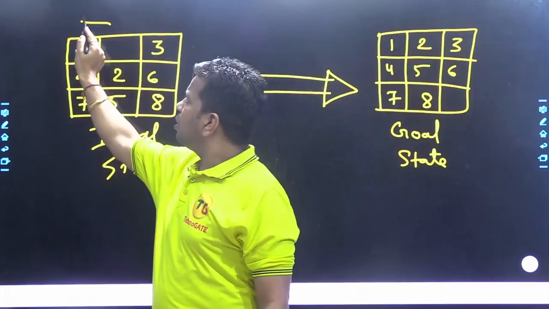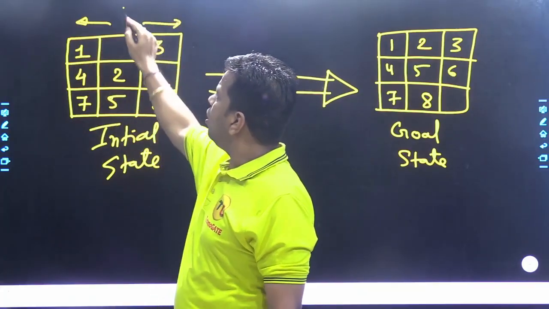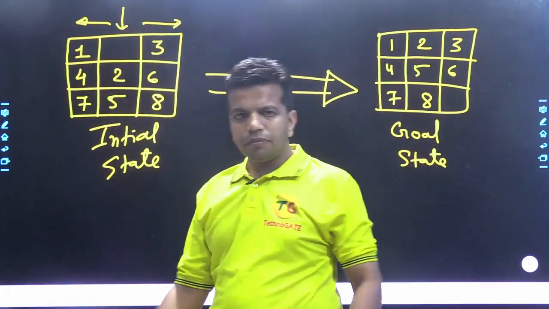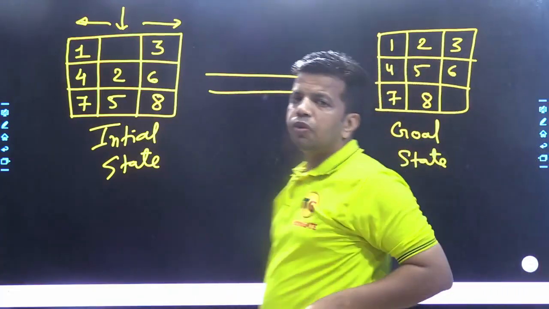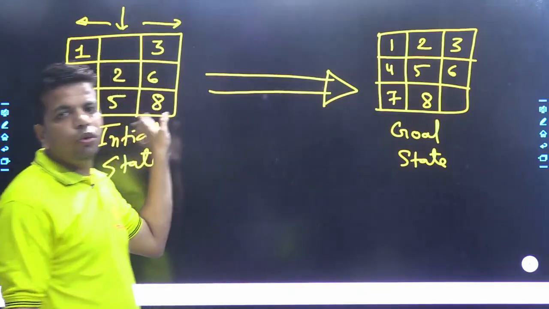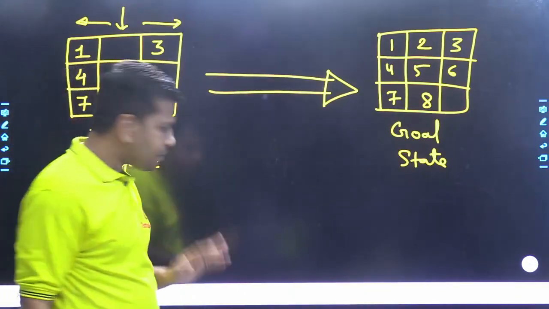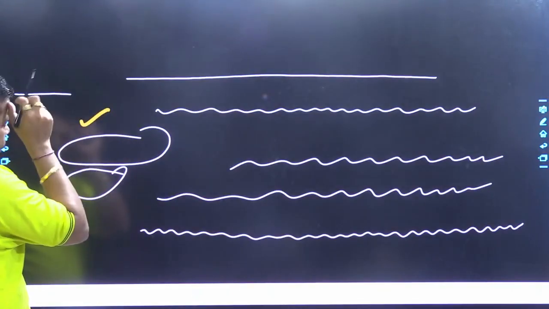Either we can go like this, this, or down. Okay, like that. So we need to perform a move corresponding to that blank tile, and we need to arrange this. All moves are corresponding to the blank tile, nothing else.